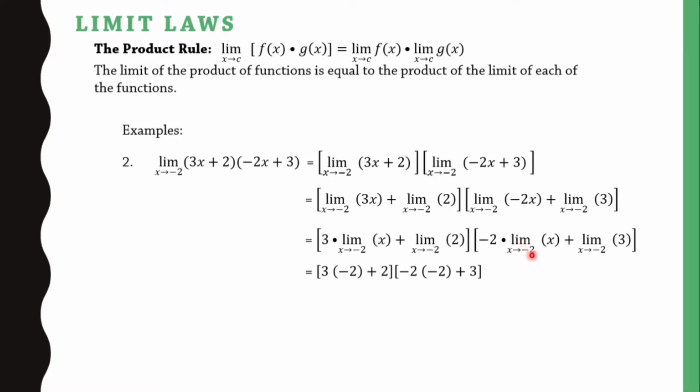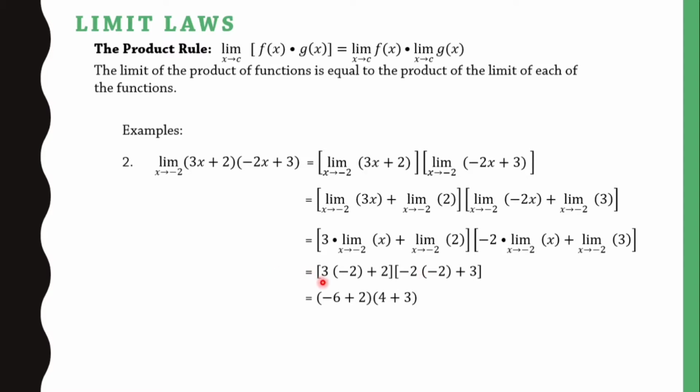Again, using the identity rule, the answer here is negative 2, plus the limit of 3 as x approaches negative 2. Using the constant rule, that's 3. So we get 3 times negative 2 plus 2, times the quantity negative 2 times negative 2 plus 3.